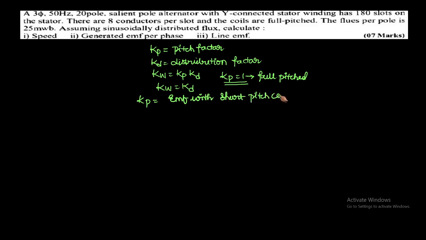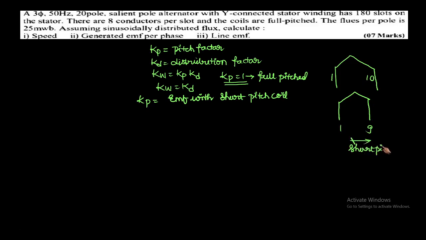For example, if the coil is 1 to 10, you would place the conductor in the first slot and the 10th slot. Instead we place it in the 9th slot, so 1 and 9 is called a short pitch coil.